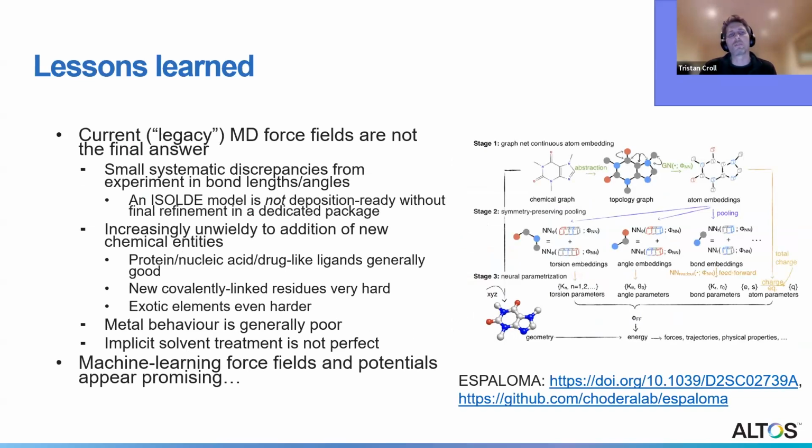One of the more obvious ones, for anyone that's actually used a model directly from ISOLDE and tried to deposit it to the PDB, which I don't recommend, you should still be refining your model, is that you will get lots of red flags for bond and angle outlier RMSDs, simply because there are some small but systematic discrepancies from experimental structures in bond lengths and angles.